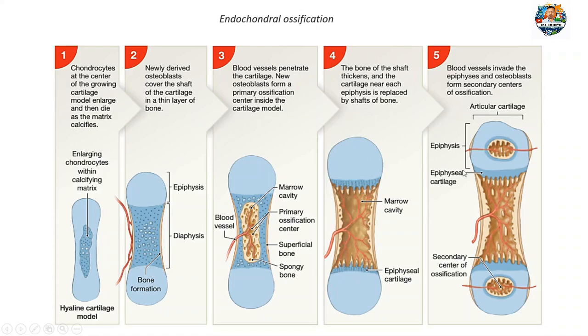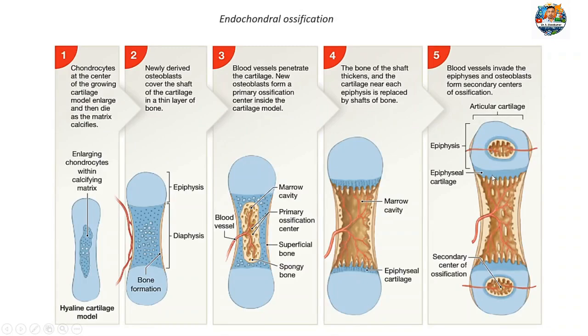And finally, there will be secondary ossification when there is penetration of the epiphysis by blood vessels as well as osteoblasts. So at the epiphysis, secondary bone formation will take place. This epiphyseal cartilage will be pushed towards the end of the epiphysis, which will then become the epiphyseal line.